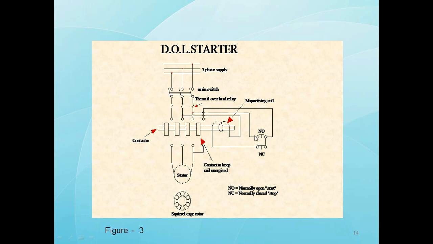When it closes this contact, the current comes from here and flows through this winding. So this loop is closed. This is the magnetic coil.